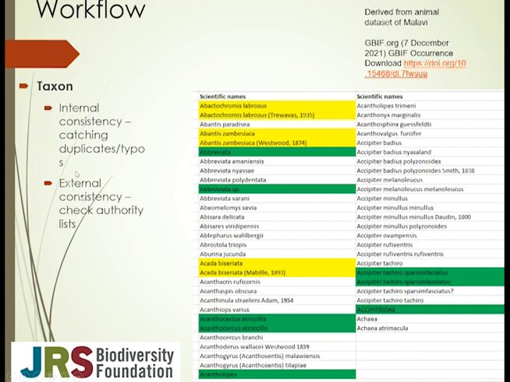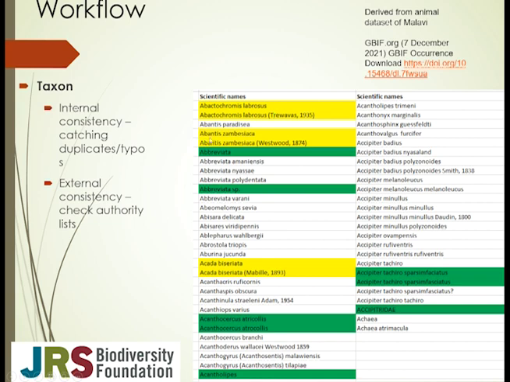Now, with respect to external consistency, we have here Abactochromis labrosus without the reference, without an authority. We have also Abactochromis labrosus but with the parenthesized name, which is the authority name, the one who described a species.